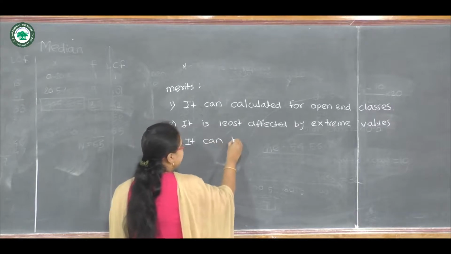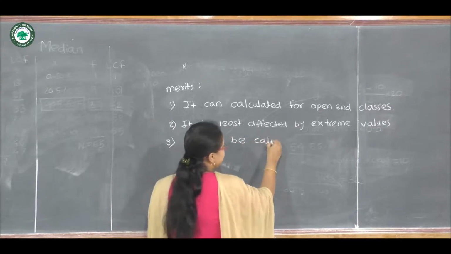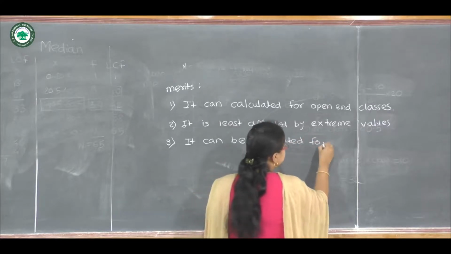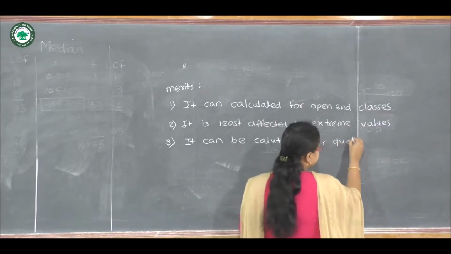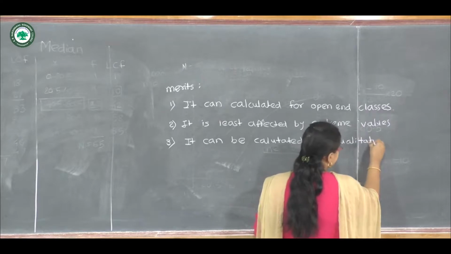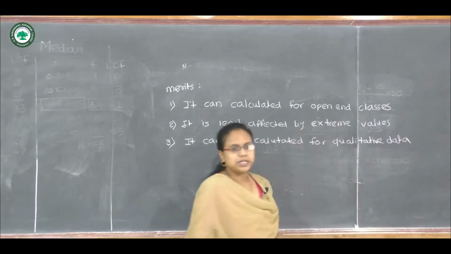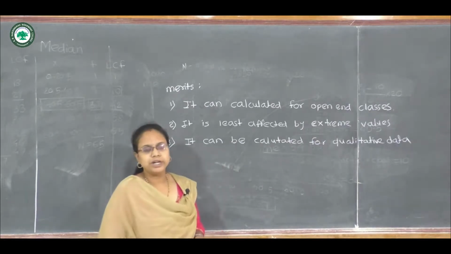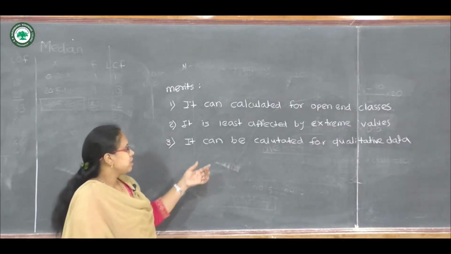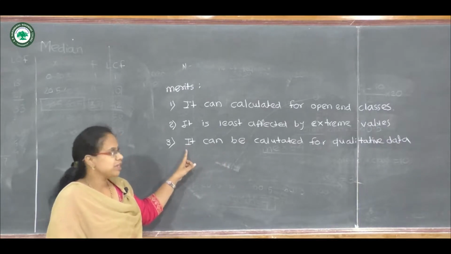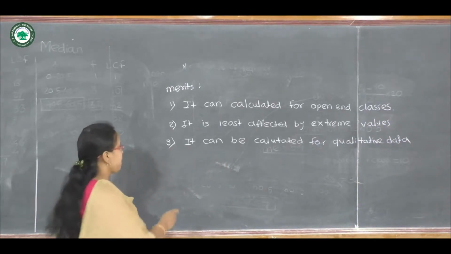It can be calculated for qualitative type data, means suppose the data are like honesty or intelligence or yes/no type questions, then for that data we can calculate median.